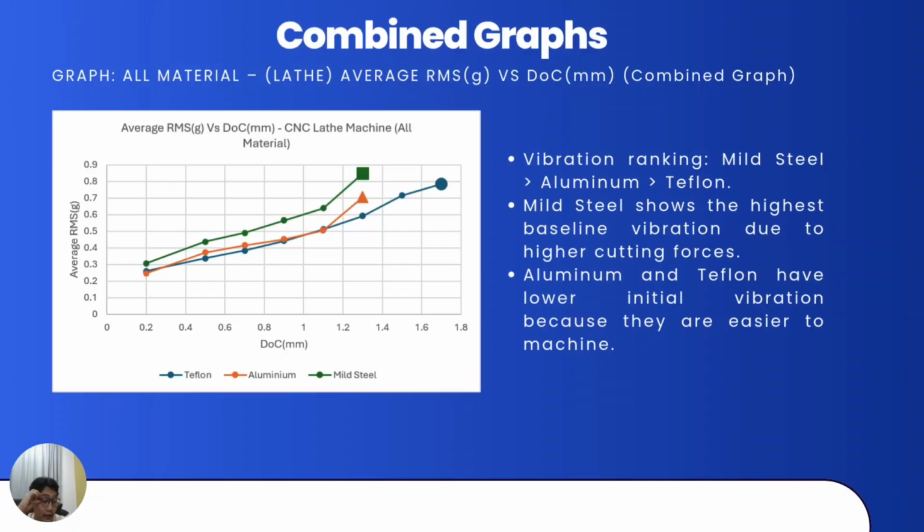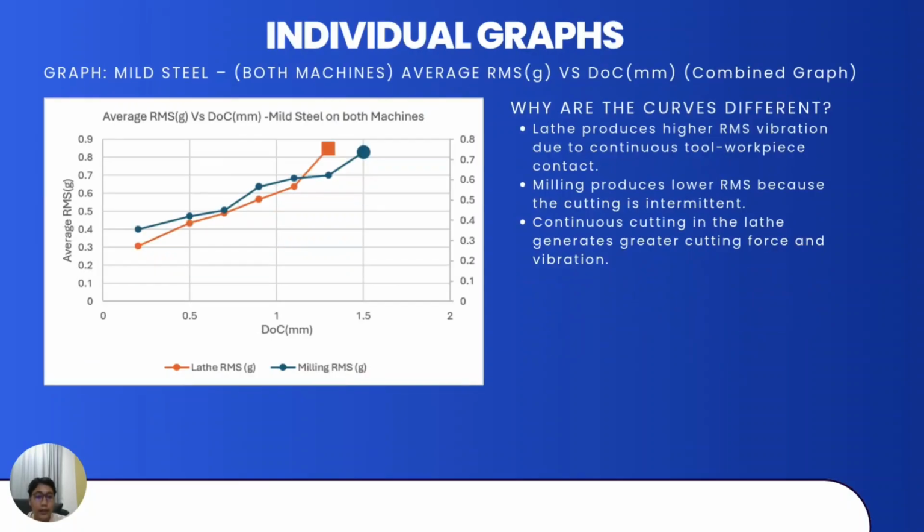The lathe chatters much earlier than milling. Conversely, a milling machine relies on intermittent cutting because the tool engagement is interrupted, which yields a lower overall RMS vibration value and delays the onset of chatter until a later stage.